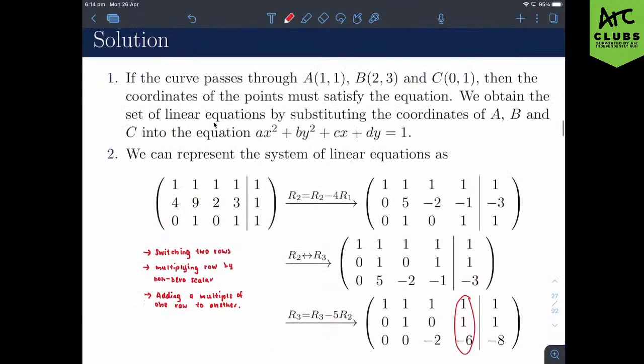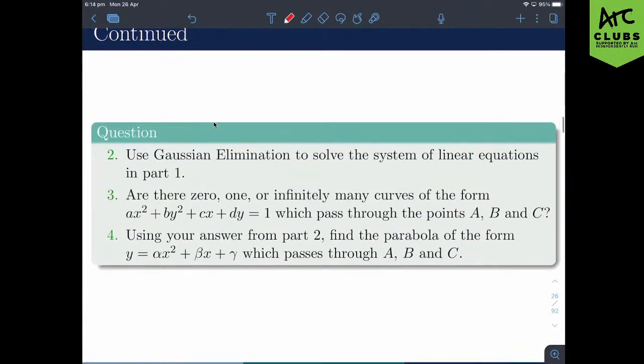So next question. Using your answer from part 2, find the parabola of the form y equals alpha x squared plus beta x plus gamma, which passes through A, B, and C. So this curve that we have here, the only term that's not very parabola friendly is the by squared term. So we want to somehow get rid of it.